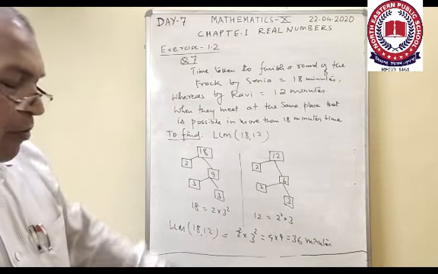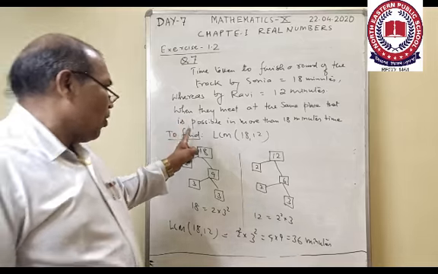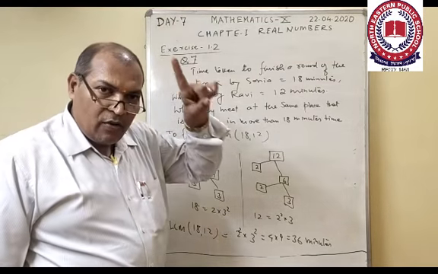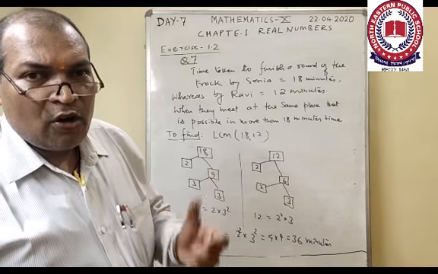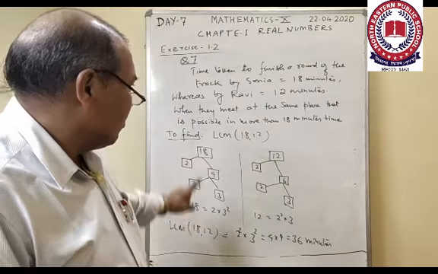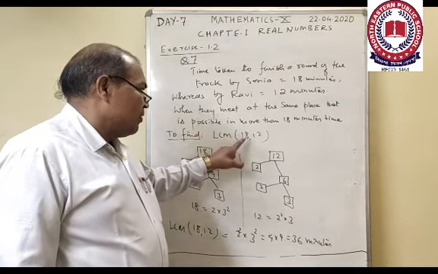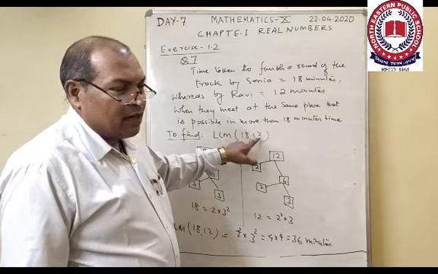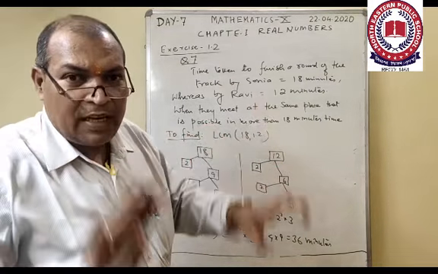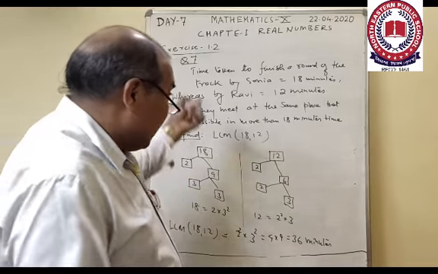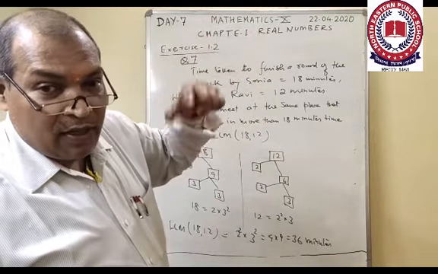Alright, so you have to find the LCM here. This is very important to understand, what you are going to calculate, either the highest common factor or the lowest common multiple. So this is very clear. When they complete the first round, one is taking 18 minutes, another is taking 12 minutes, which means till 18 minutes they will not meet again. Then maybe in the second or third round they will be meeting.